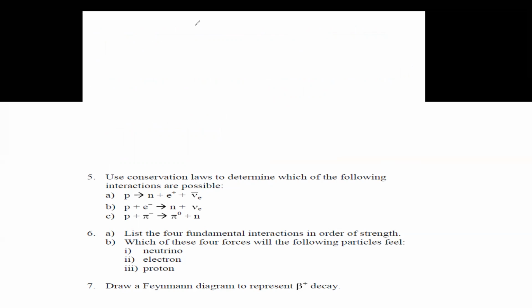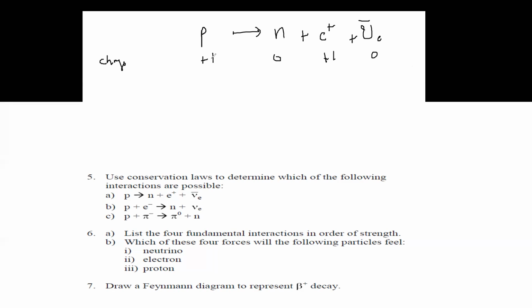So we have a proton giving a neutron plus a positron plus an anti-electron neutrino. First I'll check the charge. The charge of the proton is plus, neutron is 0, positron is plus, anti-electron neutrino 0. So charge is conserved.